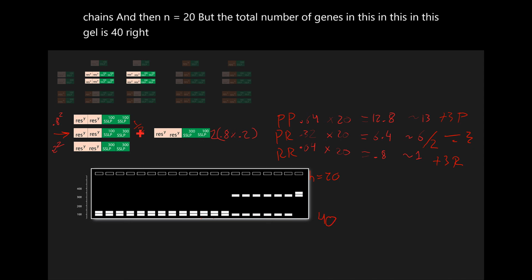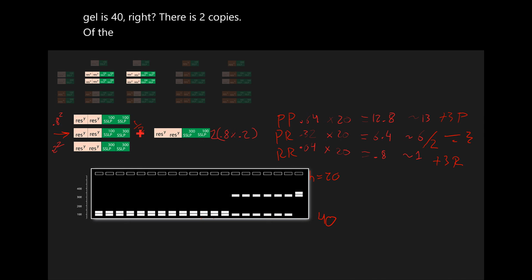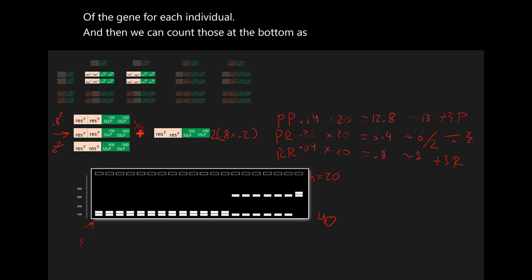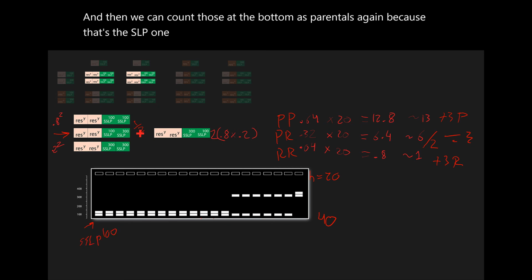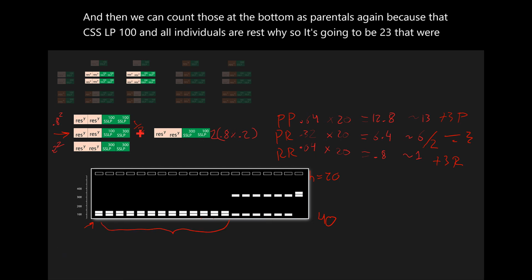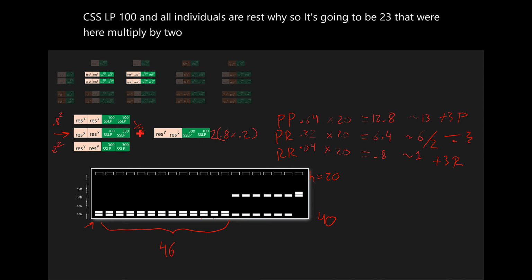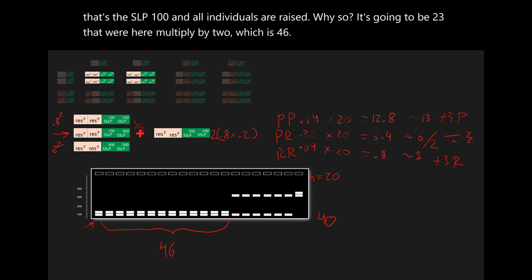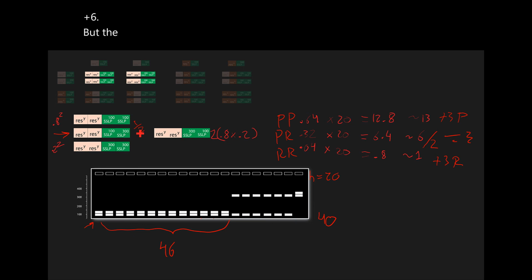There are 2 copies of the gene for each individual, and then we can count those at the bottom as parentals, because that's the SSLP 100 and all individuals are resistant. So it's going to be the 23 that were here multiplied by 2, which is 46, plus 6 at the bottom, which equals 52, and then 2 here that are recombinant at the top, plus 6, which is going to be equal to 8.